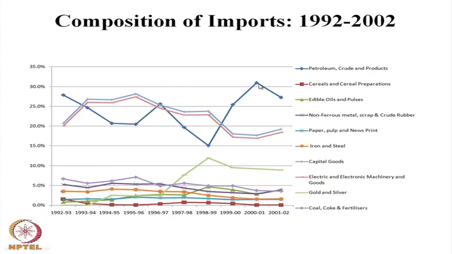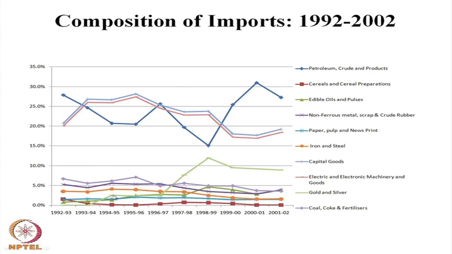Nearly 30% of our import basket is petroleum import, crude oil import. After that come capital goods, then non-ferrous scrap metal, edible oil, cereals and cereal preparations. These are the major part of our import basket.